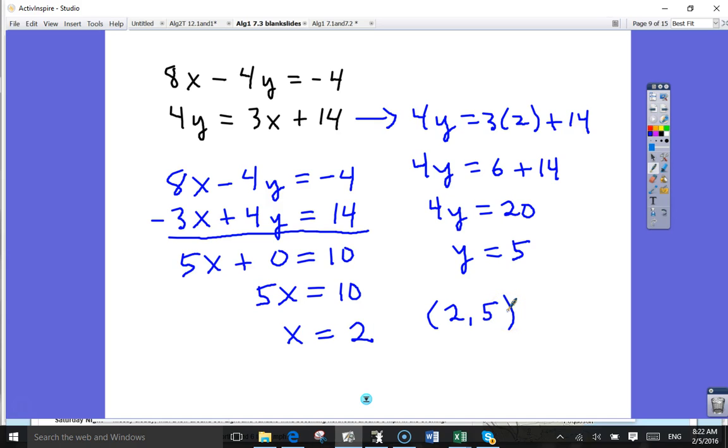So if they're not in standard form, put them in standard form. And make sure you put them in standard form with the x's right on top of each other, the y's right on top of each other.